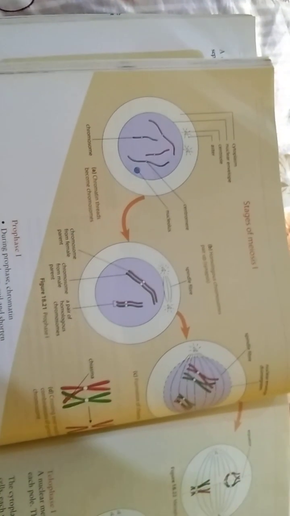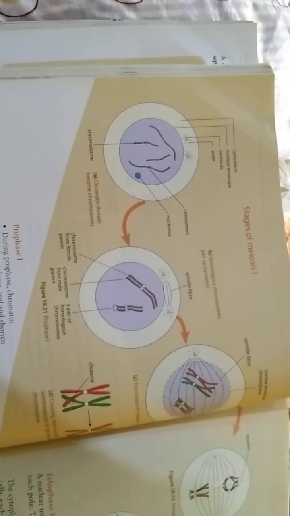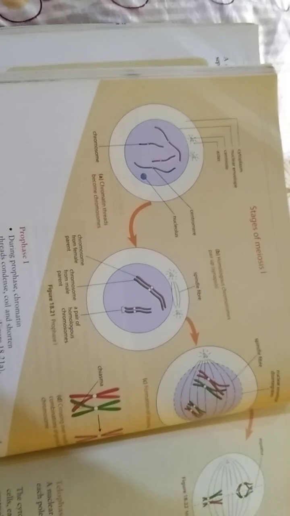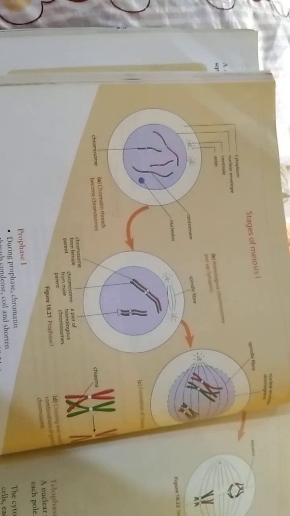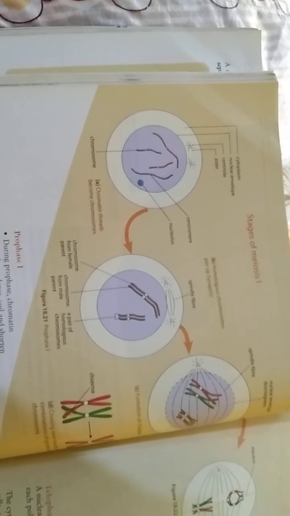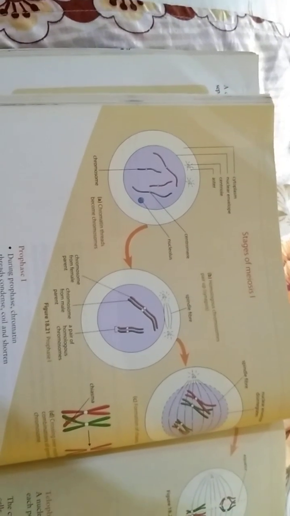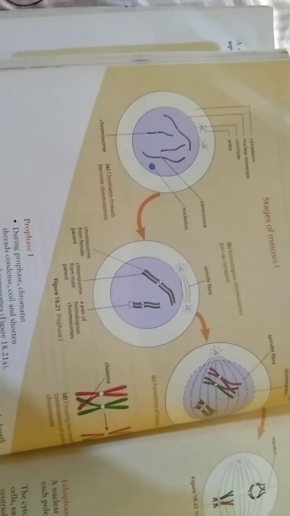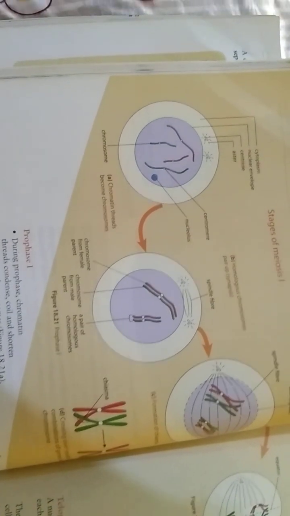The point at which chromatids of two chromosomes meet each other and exchange their material is called the chiasma.